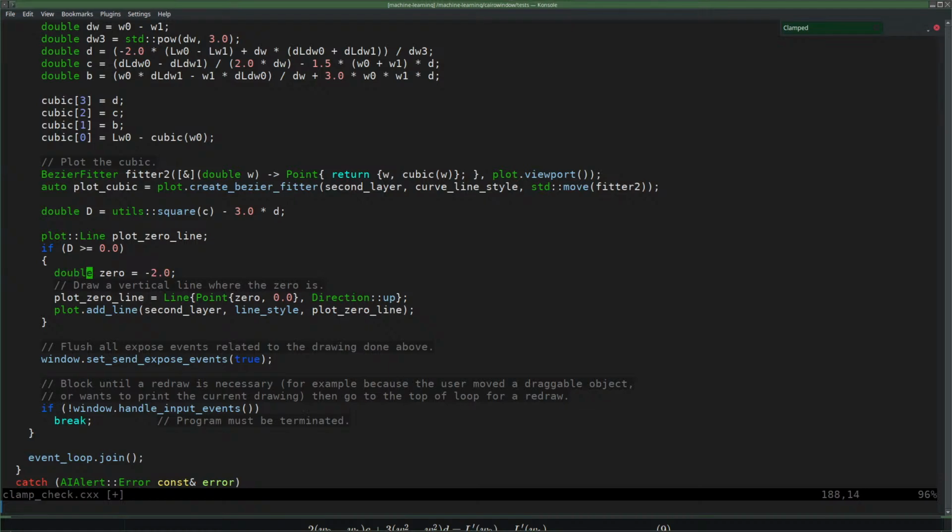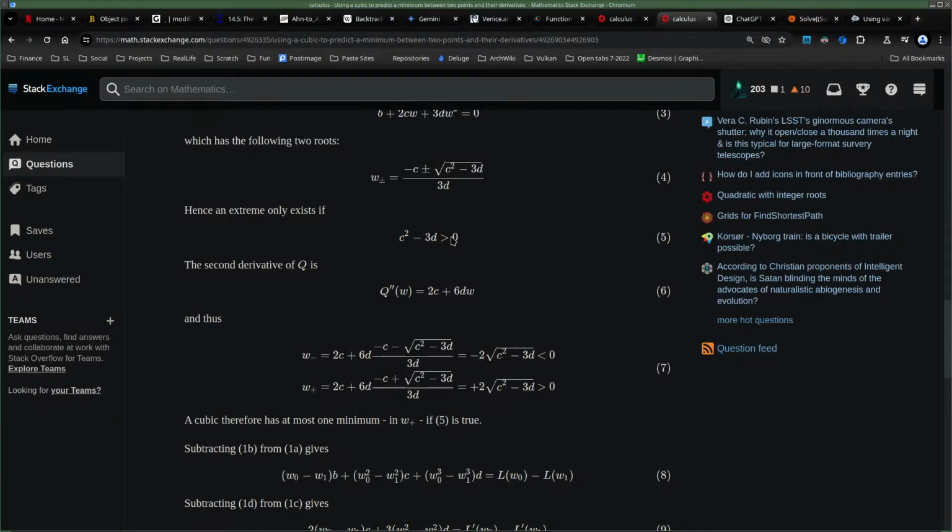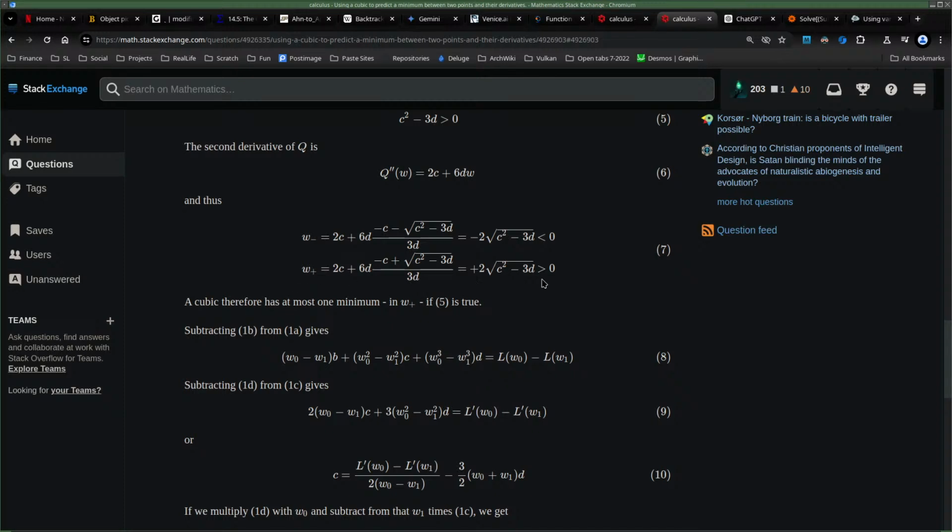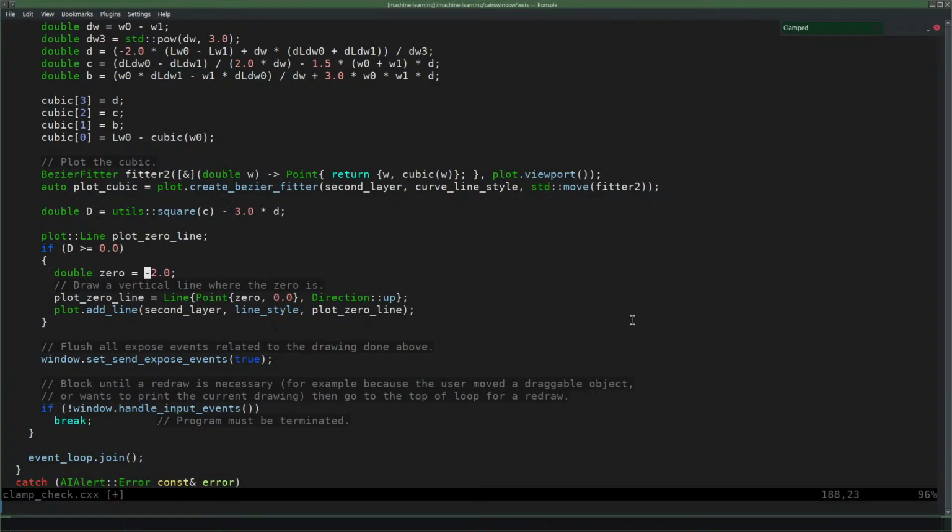So now to figure out where the 0 is. The 0 is, that is my W plus here, right? So that would be this: 2 times the square root of my discriminant.